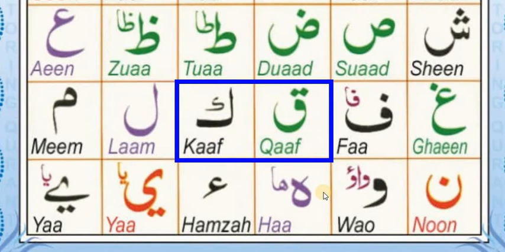Please remember, these two letters have similar sound, Qaf and Kaf. But there are some differences, so we have to make difference between these two letters. It is Qaf and it has full and heavy sound.